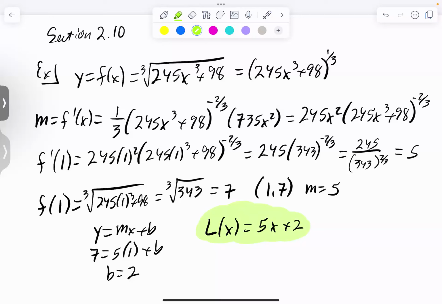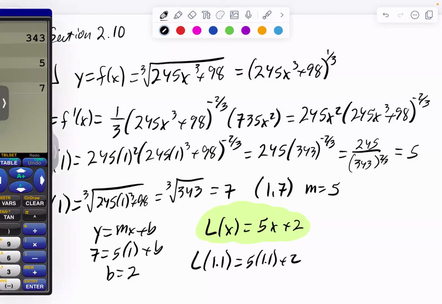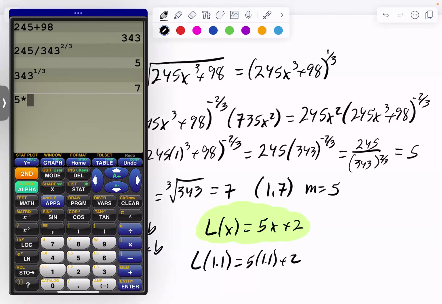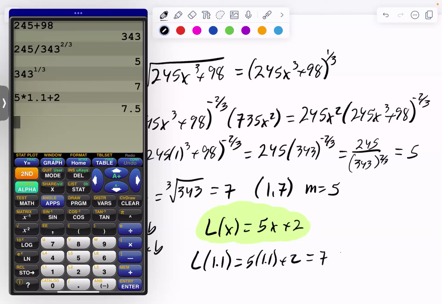It says use the tangent line to approximate f of 1.1. So L of 1.1, I'm getting 7.5.